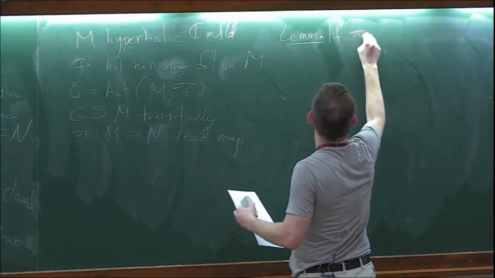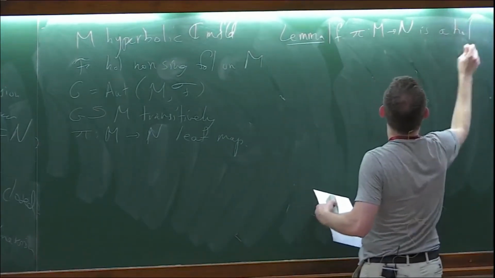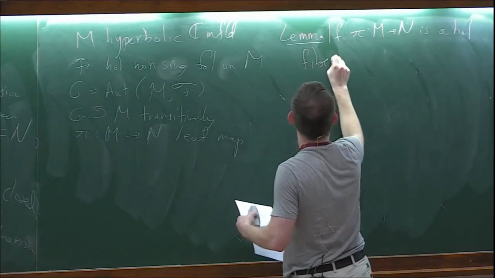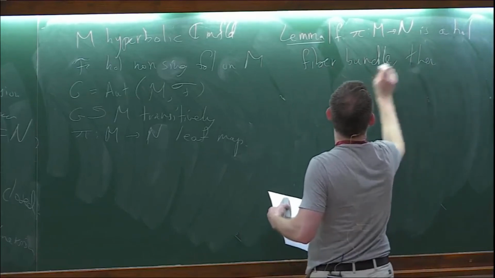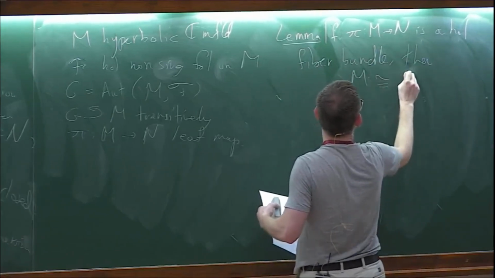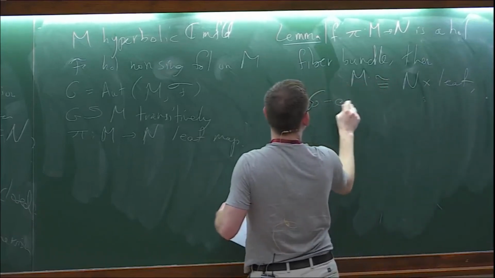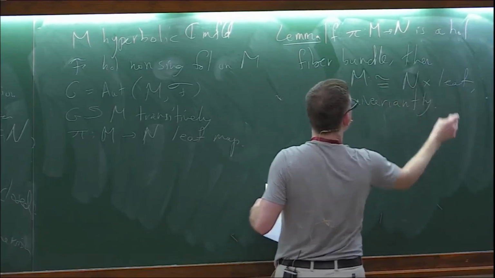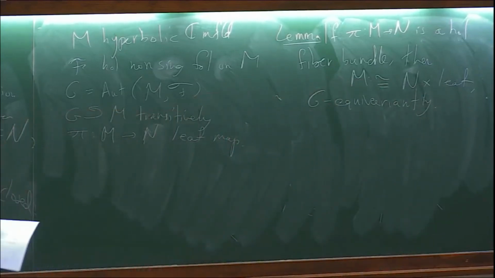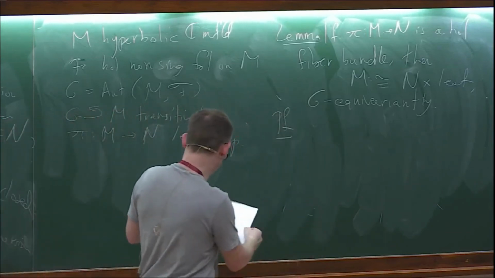If pi takes M to N is a holomorphic fiber bundle mapping, then M is in fact just N cross the leaf, G-equivariantly. It's biholomorphic to that with a trivial foliation. So there aren't interesting examples where you get a fiber bundle mapping. Okay? So let's see the proof of that result.